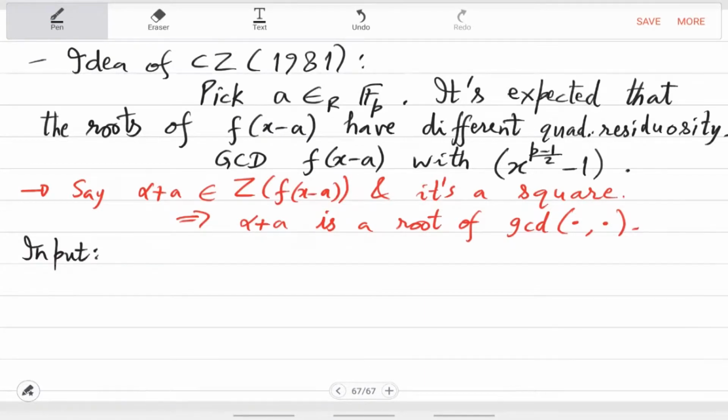So, the Cantor-Zassenhaus algorithm is very simple to implement. So, you are given in the input a polynomial in F_p[x] of degree d, and it is pre-processed.